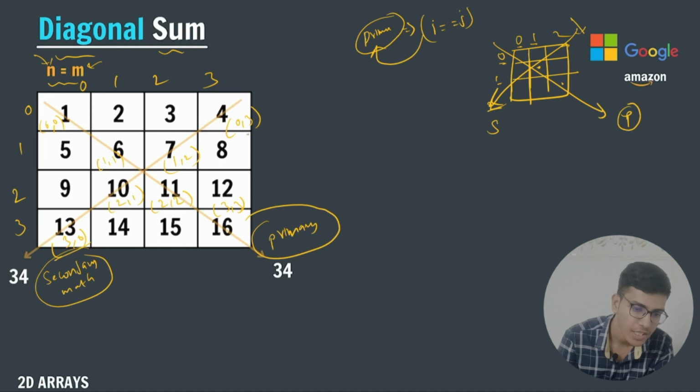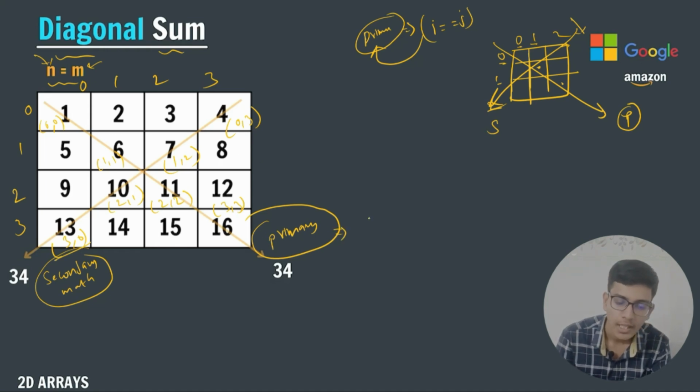So these are the locations of my primary and secondary diagonals. We have already found that for an element to be part of the primary diagonal, the condition is i equals j, that is, the row number equals the column number. If this condition is true, then the element is a part of the primary diagonal.